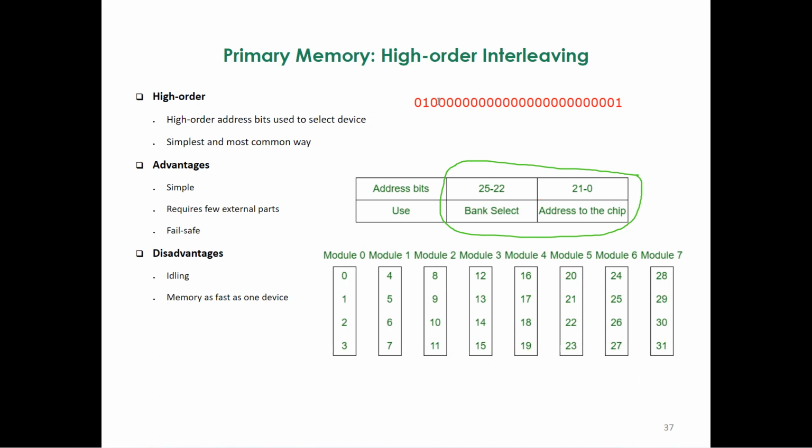And then the rest of the other 22 bits, okay, we didn't do it well, because 1 now falls on module 0.